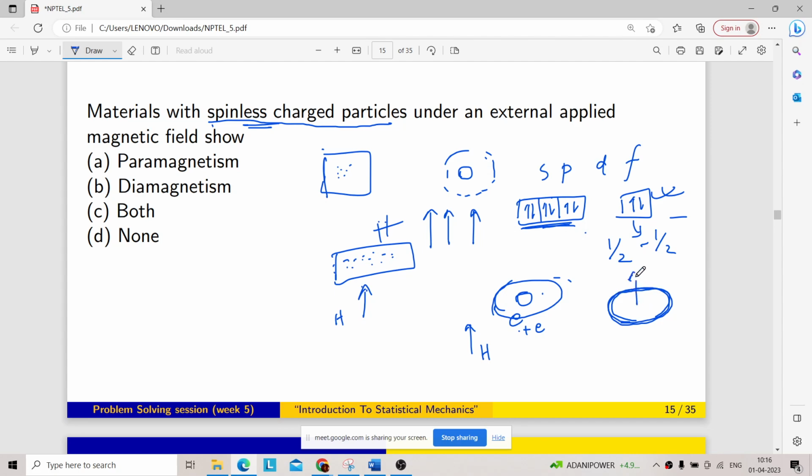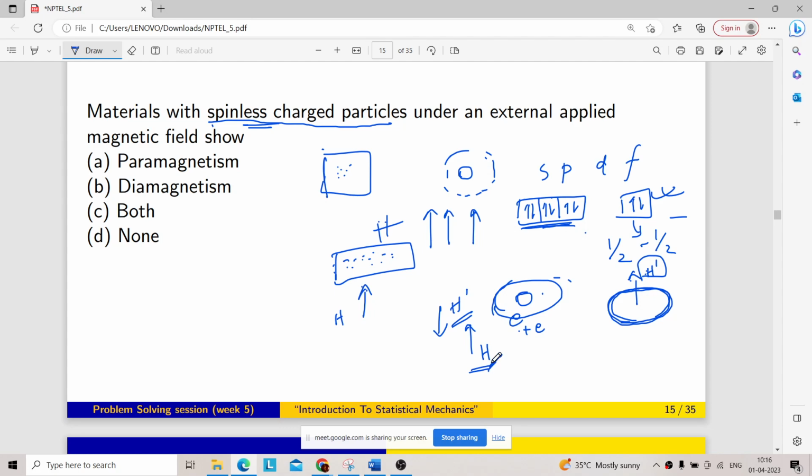So it will induce its own magnetic field due to the motion of the electron around the atom. So if we apply an external magnetic field, then what will happen? These electrons will move like this, so that the induced magnetic field opposes the applied magnetic field. Right.